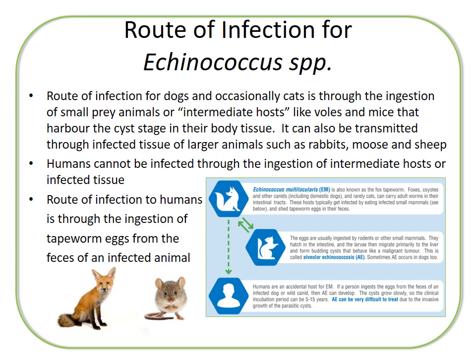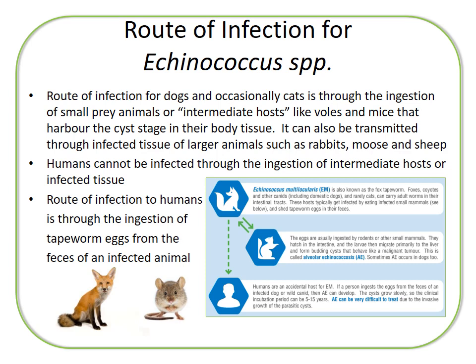At this point, you may be wondering why I took the time to mention Echinococcus. First of all, let's look at the route of infection. The route of infection for dogs and cats is through the ingestion of small prey animals or intermediate hosts like voles and mice that harbor the cyst stage in their body tissue.